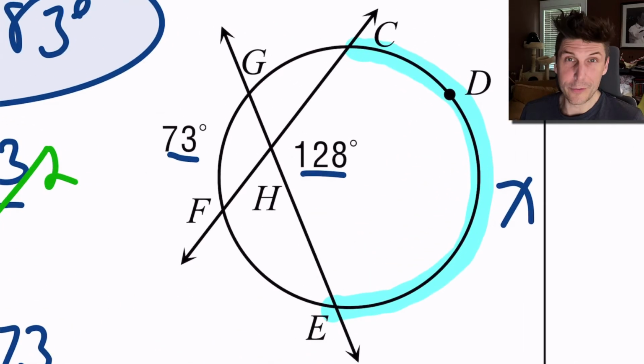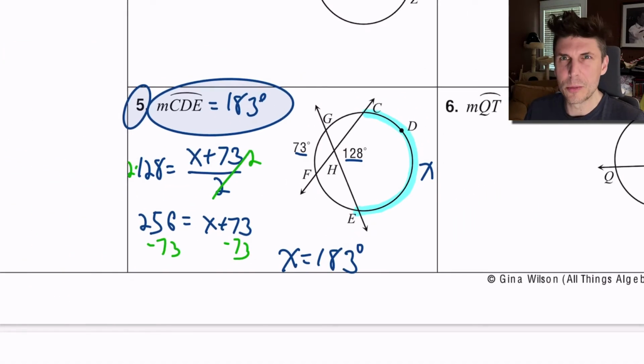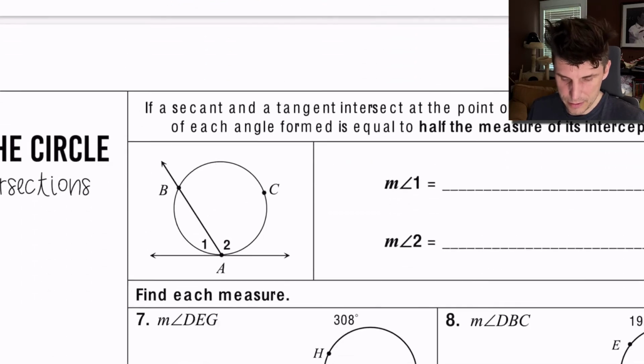They very well could give you a situation like this where they ask you to find something like arc GC, and maybe they would have given you this arc, and then you would find X first, and then you would have to do that whole 360 subtraction thing. So you have to just keep your eyes peeled. I could find an example for you right now, but I think we have too much to get through, and we're already at 10 minutes in this video.